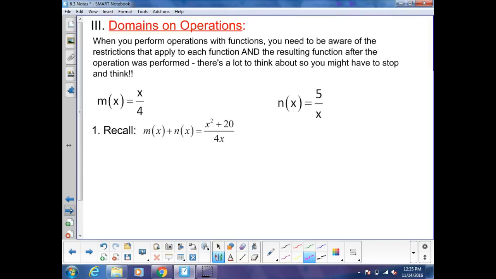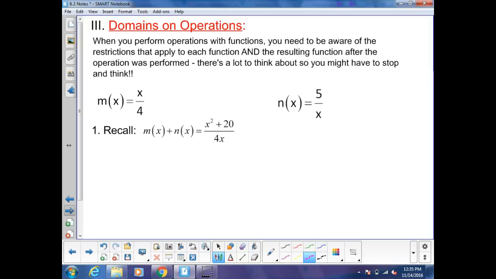Okay. So, domains now on operations. When you perform an operation with 2 or more functions, you need to be aware of the restrictions that apply to each function and the resulting function after we did the operation.